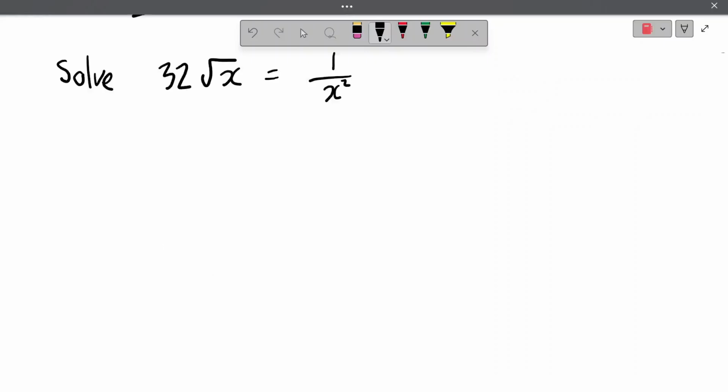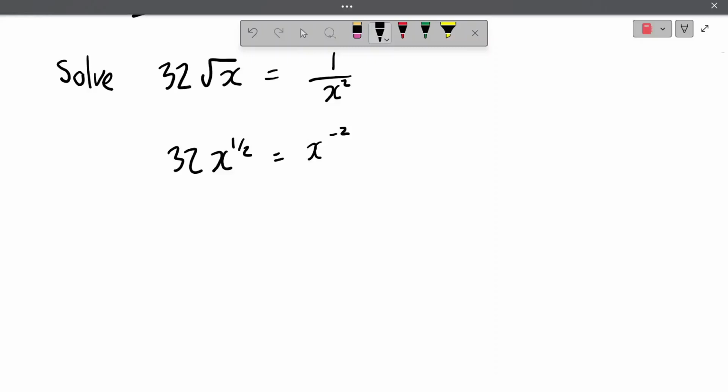So let's have a little look at this next one. Here we have 32 square root of x equals 1 over x squared. The very first thing I'm going to do here is rewrite these with positive and negative powers and fractional powers. So I would write this as 32 x to the power half equals x to the minus 2.